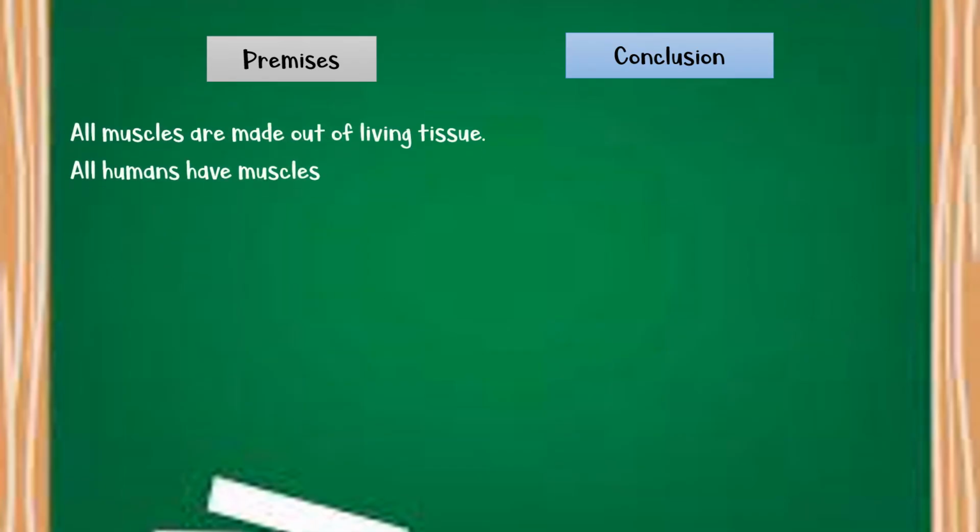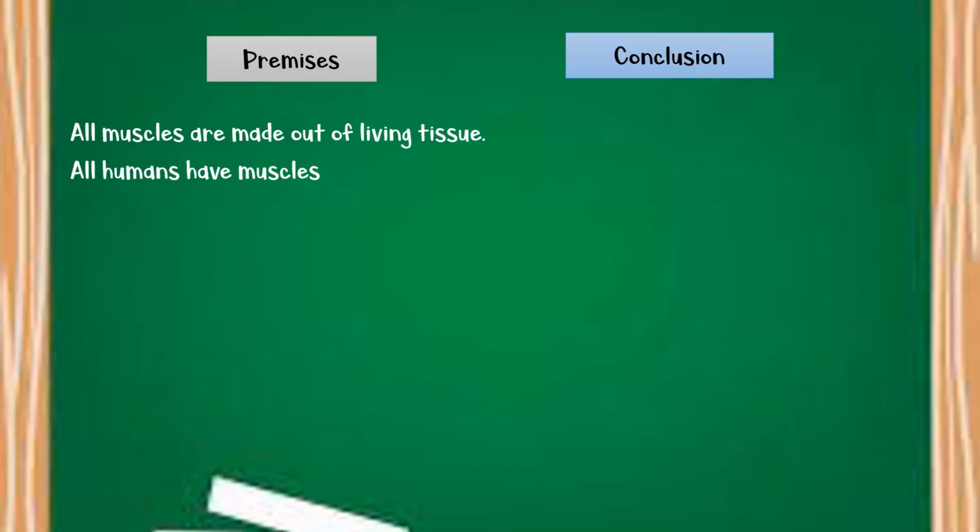Let's have examples. In this column are the premises, and in the next column are the conclusions. Let's start with the first premises. All muscles are made out of living tissue. That's the first premise.